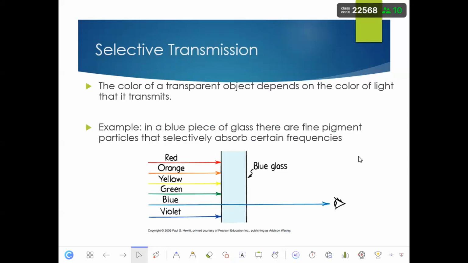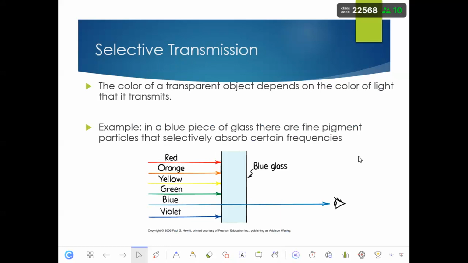For instance, sometimes you see glasses with blue glass or green glass, colorful glasses. And again, it follows selective transmission. Sometimes we have selective reflection, sometimes we have selective transmission instead of reflection.